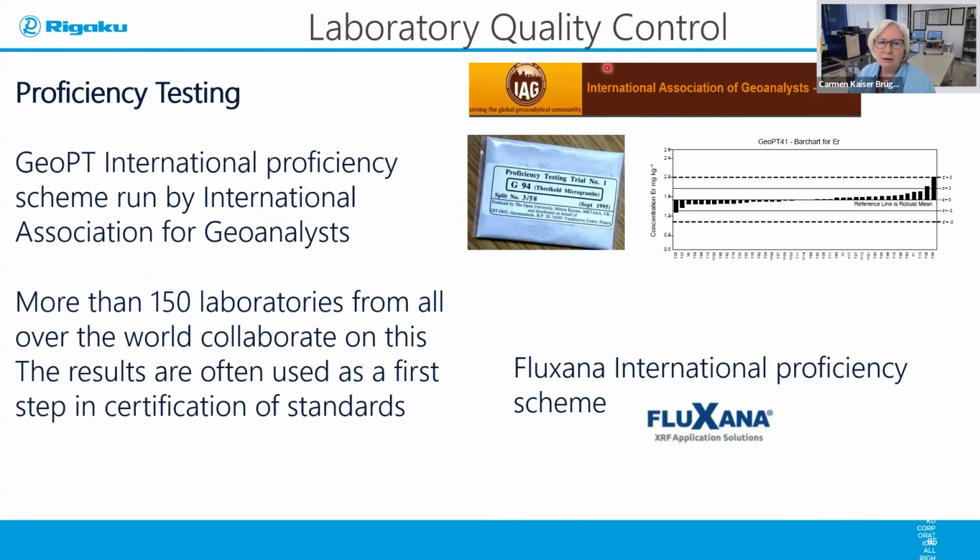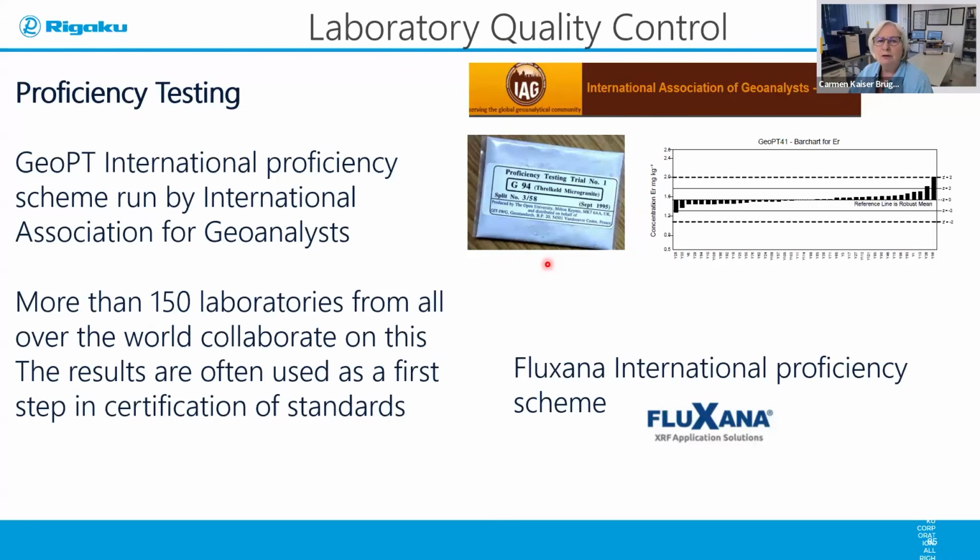For many years, I've taken part in the GeoPT, which is the international proficiency testing scheme that's run by the International Association of Geoanalysts. We used to prepare some samples for this, where I used to work previously, and it's very useful for geological applications, especially for trace elements. So here you can see an example of the type of material that can be tested.